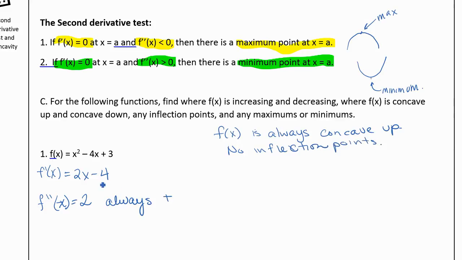Now let's go back to the first derivative. If we set that equal to 0, we're going to get x equals 2. So we have a critical point at 2, and if we make our first derivative sign chart, if we plug in something less than 2, if we plug in 0, we're going to get negative 4, so it'll be negative, and plug in 3, we get 2, so that's positive.